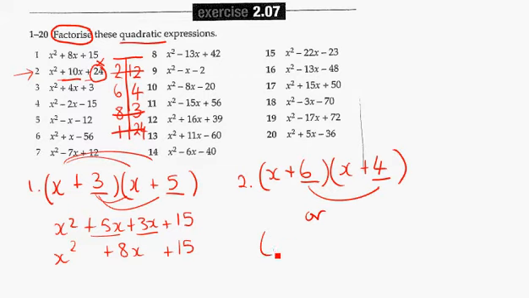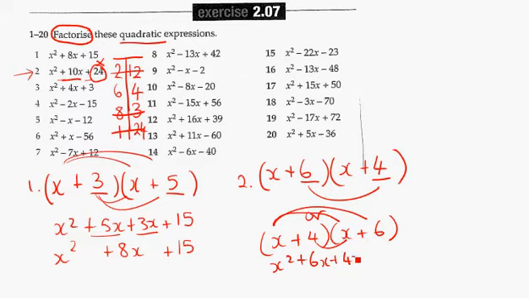Or you can have x plus 4 and x plus 6. It doesn't actually matter which bracket comes first out of the pair, as long as you have the plus 4 term and the plus 6 term. And just checking that we do in fact get that, x squared plus 6x plus 4x plus 24. And there's my 10x in the middle plus the 24.